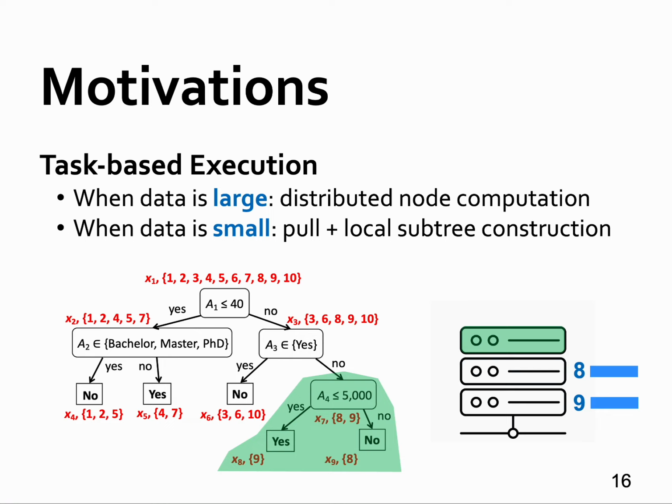For example, node X7 on this slide only has 2 rows, 8 and 9. So we let a machine pull these two rows to its local memory to construct the green subtree. Since TreeServer adopts column-based partitioning, we actually need to pull the columns of those two rows from different machines.